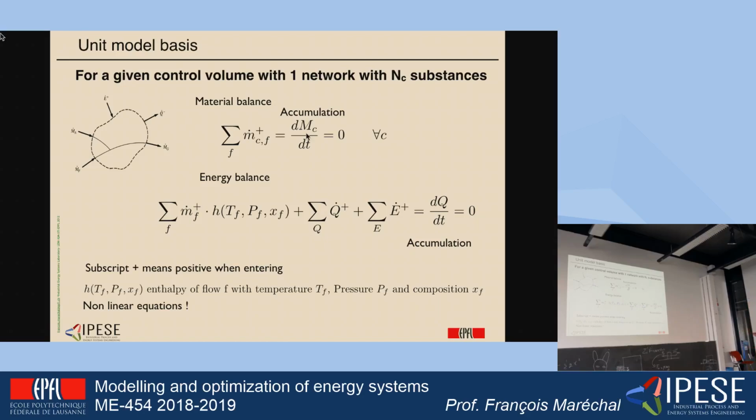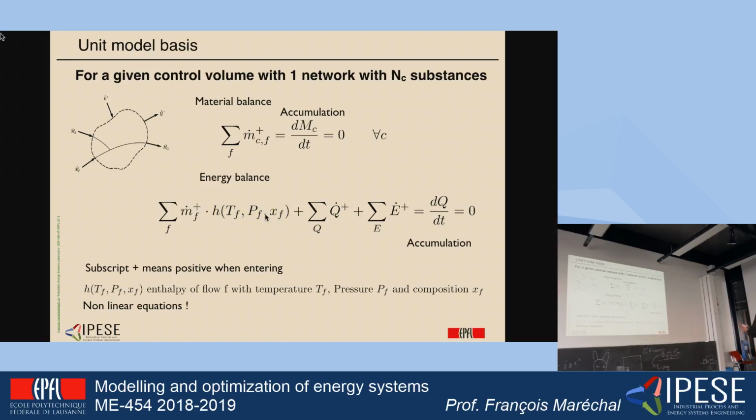On the other hand, the energy balance will be written by considering all what is entering via the frontier and what is leaving on the frontier. Again, I'm using the convention of the plus here, meaning that it is positive when it is entering the system, okay? And I can write therefore the energy balance by saying, okay, the mass flow multiplied by its energy content, and the energy content of the flow is represented by the enthalpy.